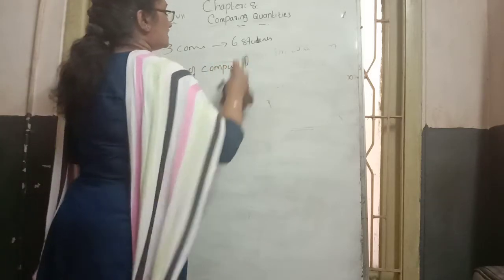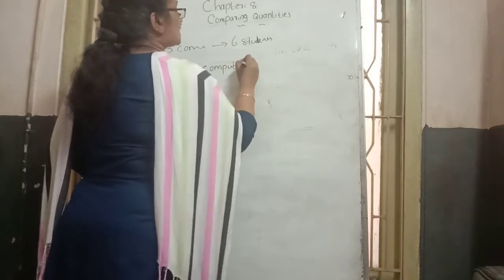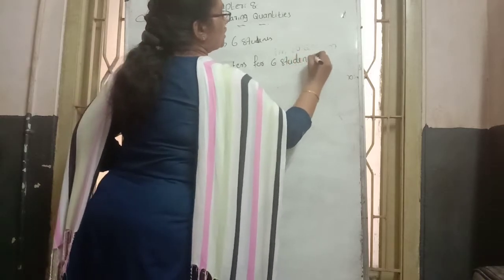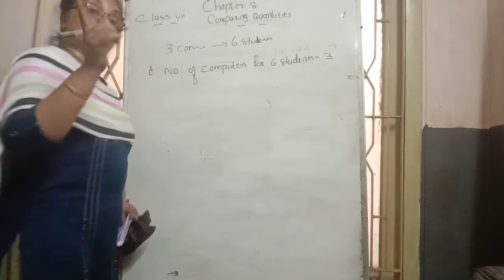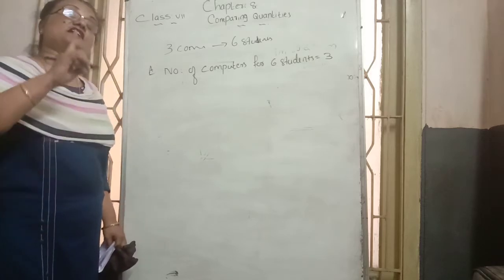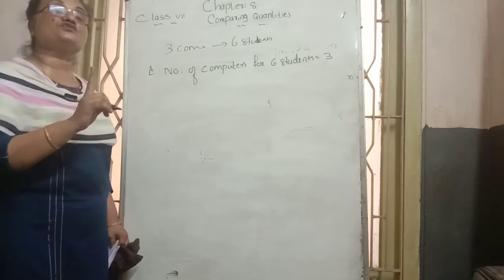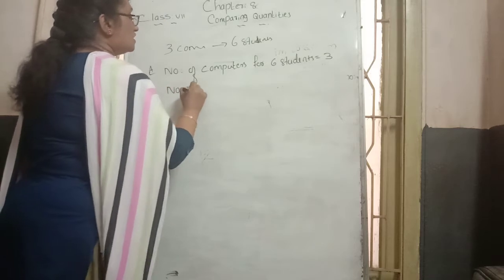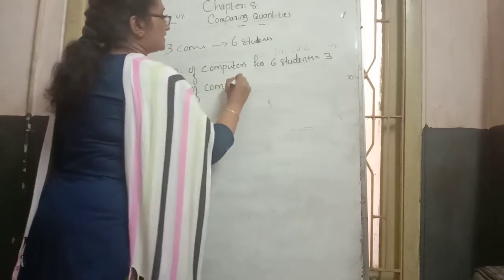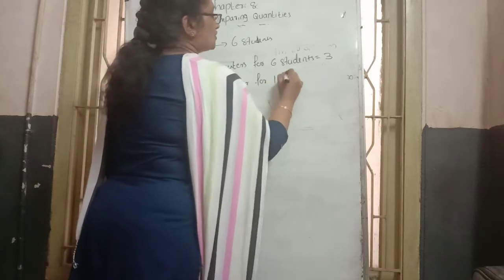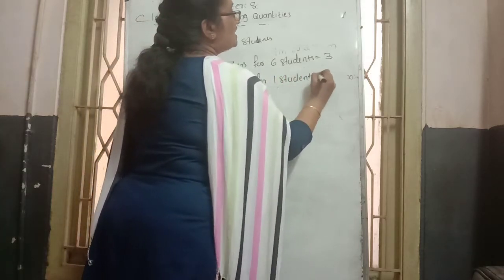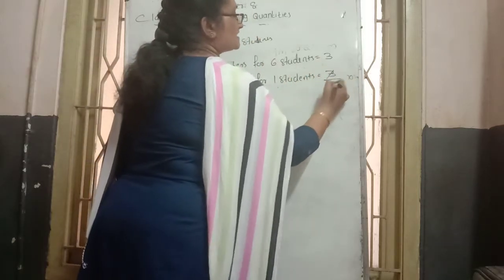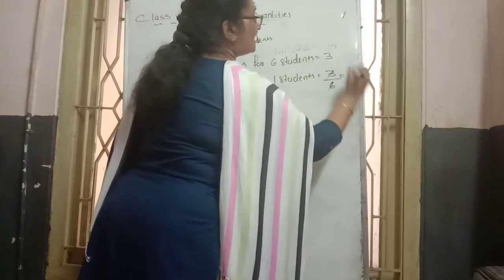So we can write the number of computers for 6 students is equal to 3 computers. Then the unitary method means trying to find the one student case. So one student gets how many computers? The number of computers for one student is equal to 3 computers by 6 students. Cancelling, 1 by 2 we will get.